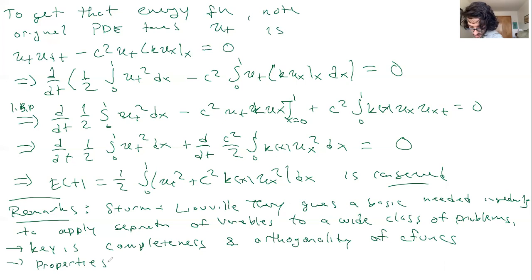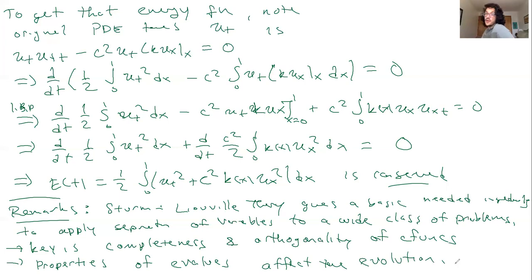In addition, properties of your eigenvalues are going to affect the time evolution. So that's why for a lot of problems you're interested in what's called the spectrum of your linear operator, which is going to include the eigenvalues, sometimes called the point spectrum of the linear operator.